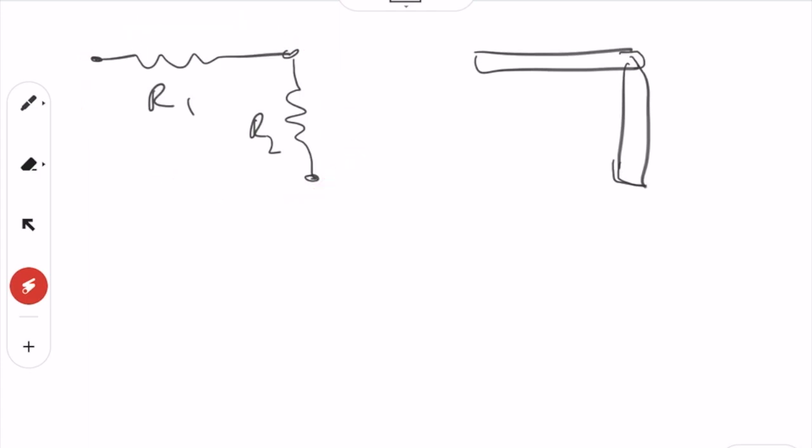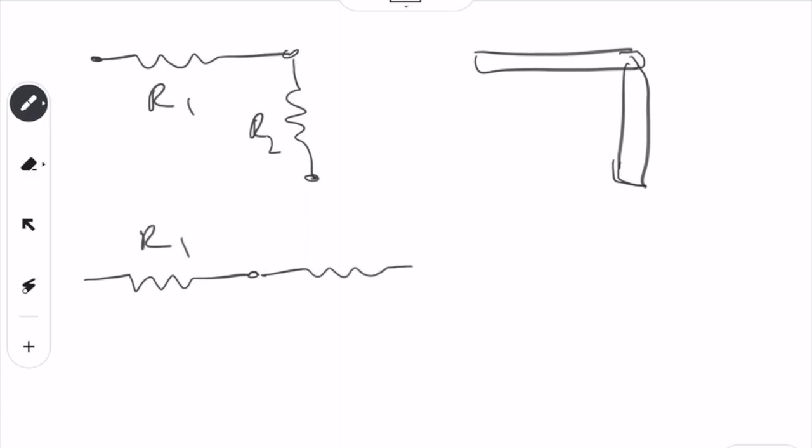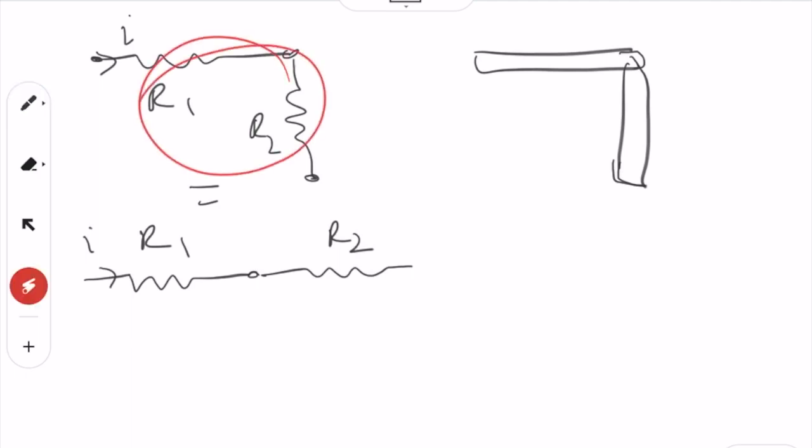The first one is similar to this R1 R2. So the first one and second one both are actually exactly the same. There is no difference between this and this.